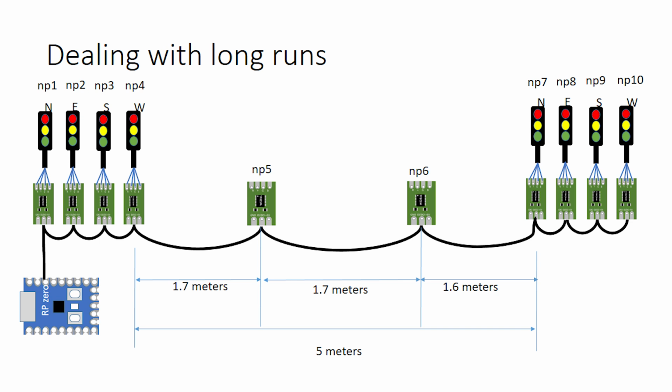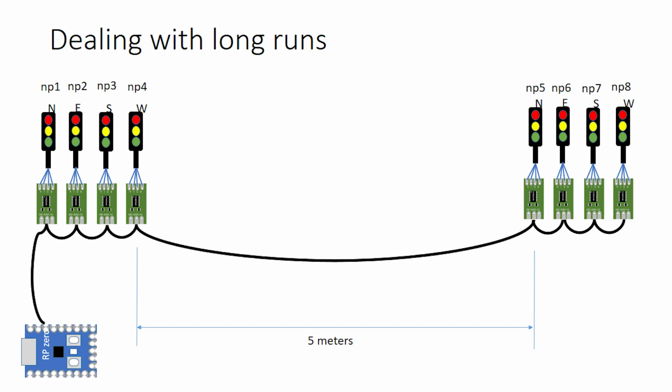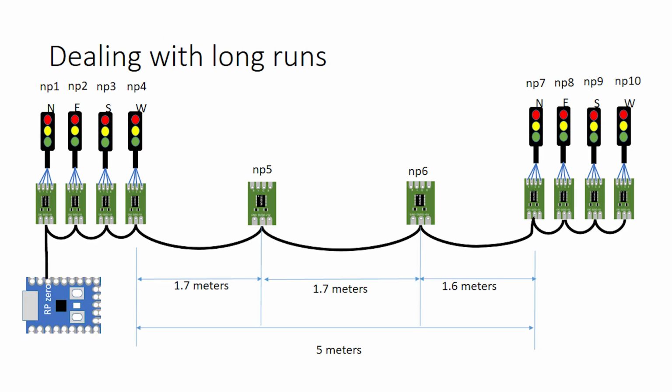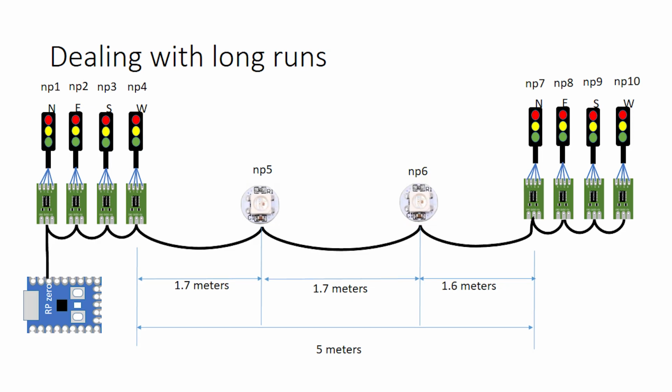I have to write my code so that, instead of having 8 NeoPixels from 1 to 8, it's now got 10 from 1 to 10, but 5 and 6 don't get colours on them. Of course, if I put colours on them, then I could use those as indicators. I could use those to indicate something else, to calibrate something.